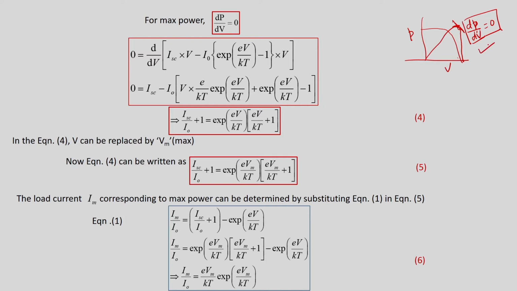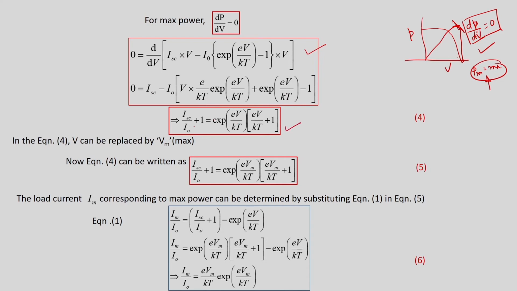Under those conditions, what we get we will call Pmax. If we know these values, then we can calculate Pmax. If we use the expression developed in the last slides and differentiate with respect to voltage, our equation will be something like this. If we multiply with voltage and then differentiate with respect to voltage, the final expression will be something like this.